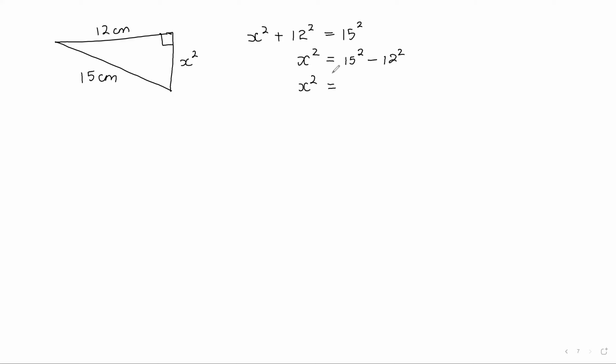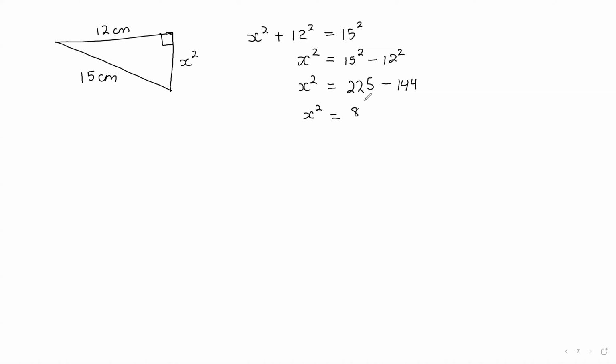15 squared is 225. And 12 squared is 144. So this would be 225 take away 144.